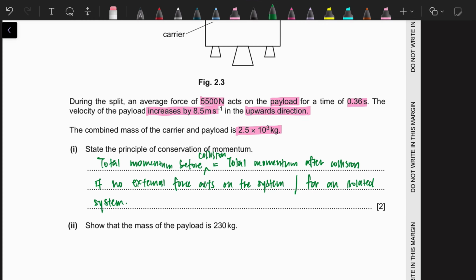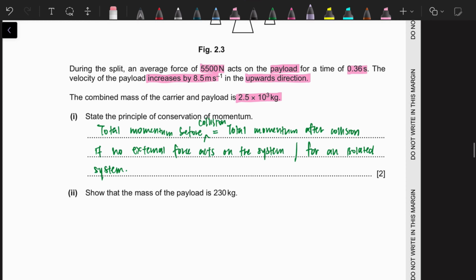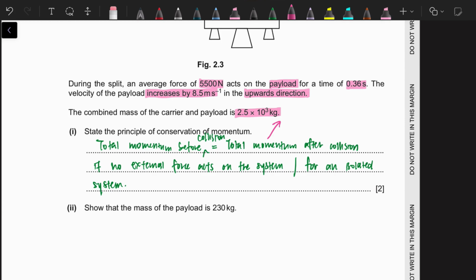So another way you can write is, I'll just write in another color. Why is the color too bright? I write this: the total momentum of a system is constant.